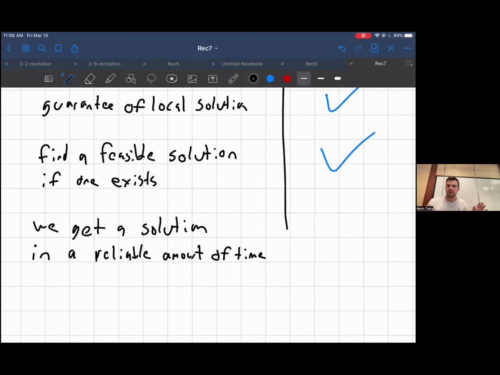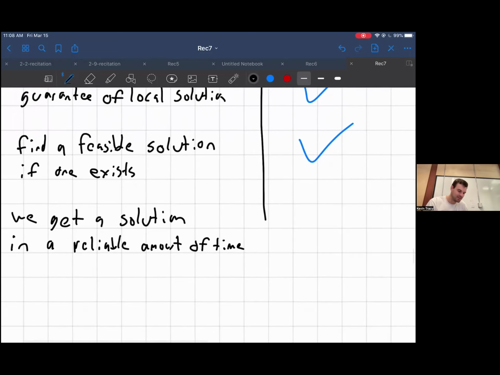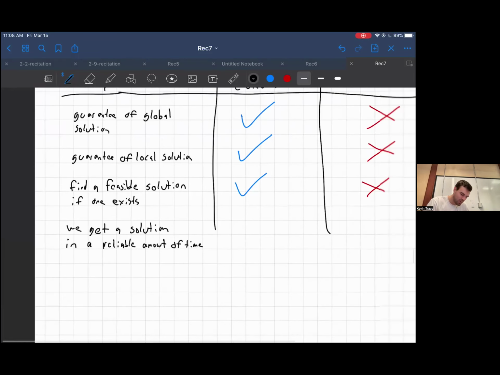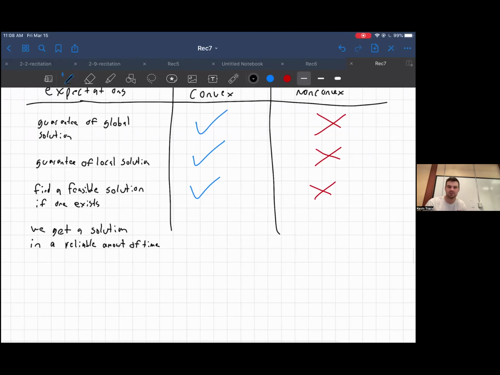If I'm using an interior point method, I can say I will get a solution within 20 iterations. There are certain algorithms for which I can guarantee that, and with more performant algorithms, I will always beat that. So I have something that tells me what is a reasonable amount of time it should take to solve this problem, and I can find it in that time. Again, convex problems can do it, non-convex can't. This should be pretty stark.